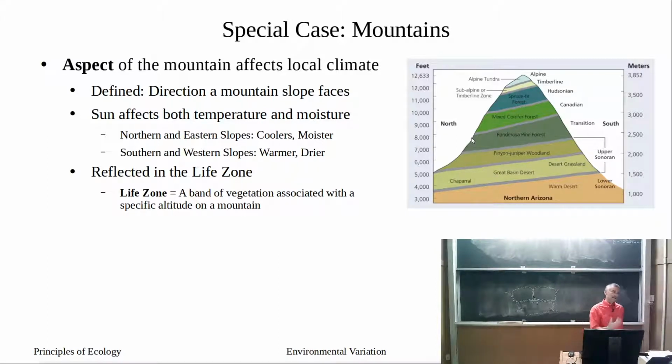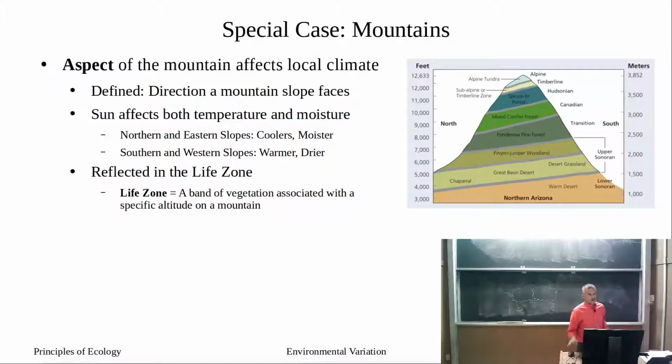And it's not just temperature, it's also moisture. The northern and eastern slopes are not only cooler, but they tend to be a little bit wetter. They receive less solar radiation, so there's less chance of drying out, so you tend to be cooler and wetter on the north and eastern slopes.